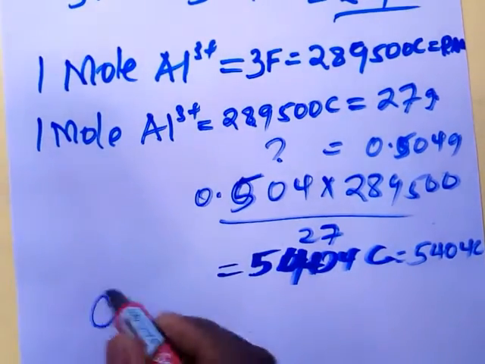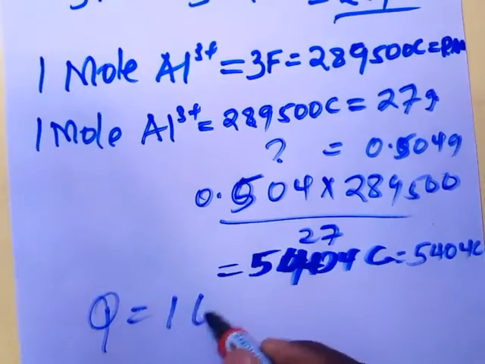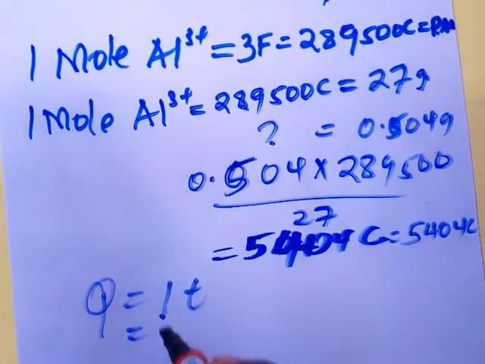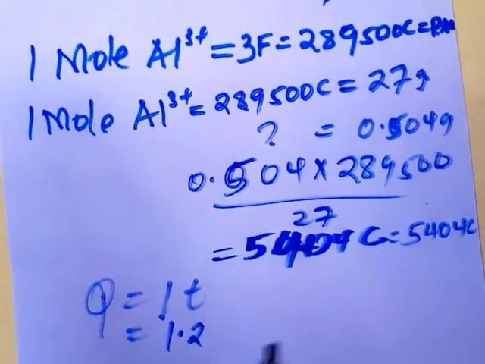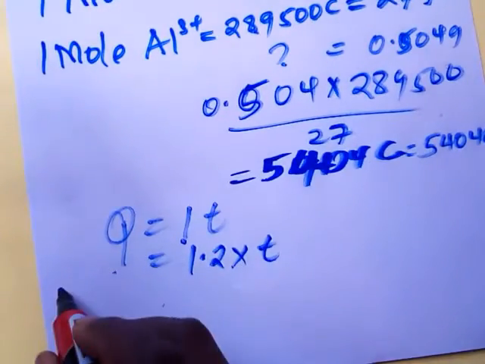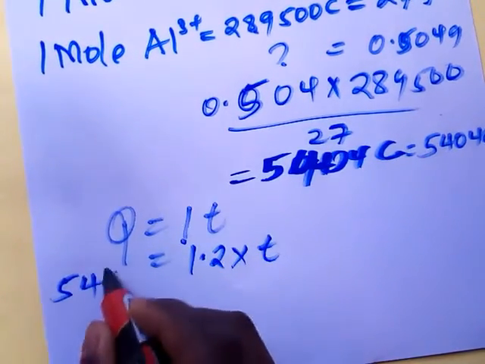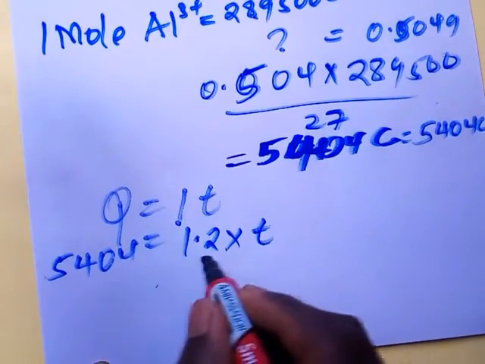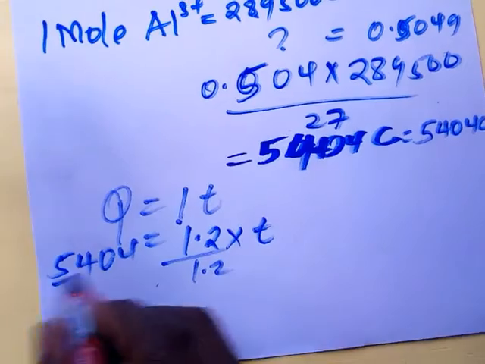So what we know is Q equals I times T. We don't have time, but we know the current was 1.2. So 1.2 times time will give us the quantity of electricity, which is 54.04. So we will divide by 1.2.